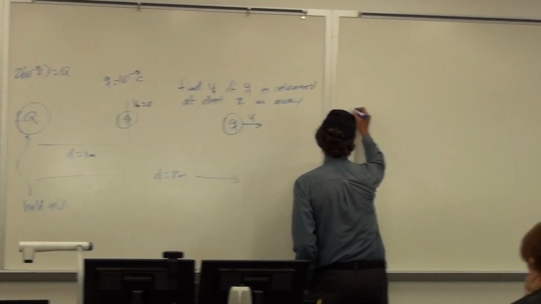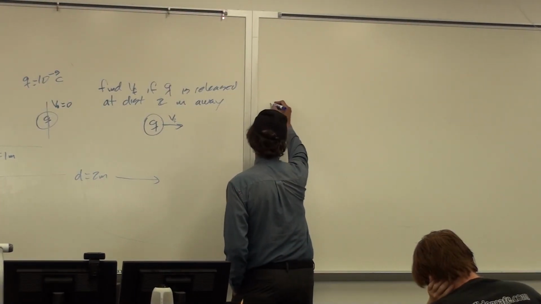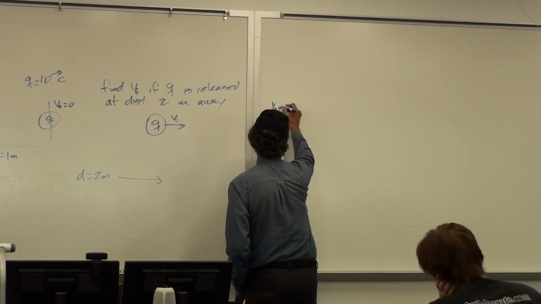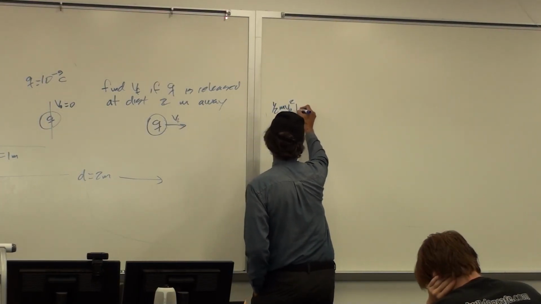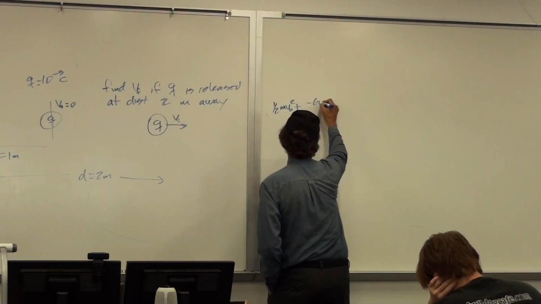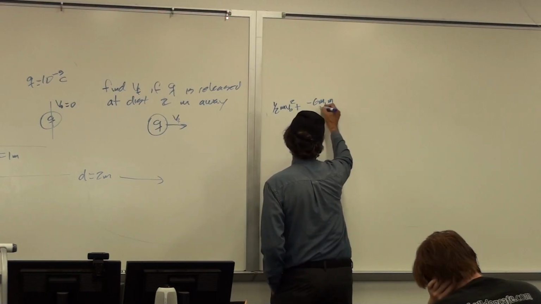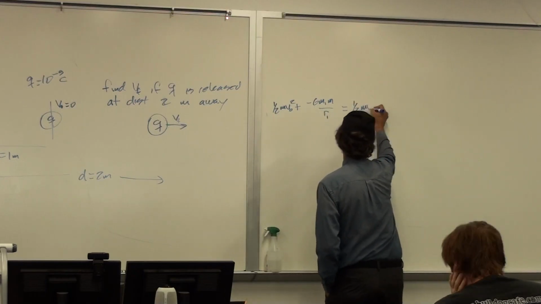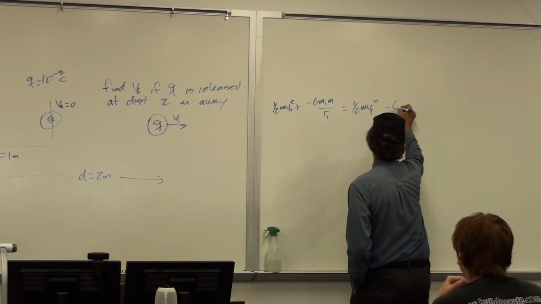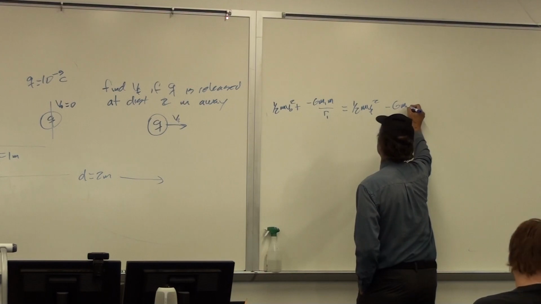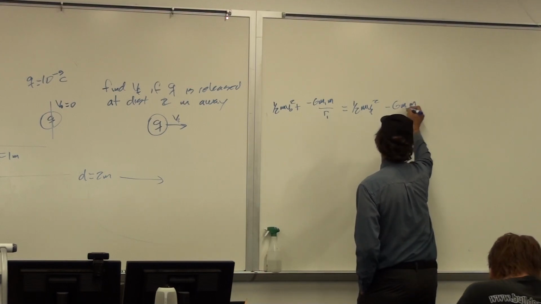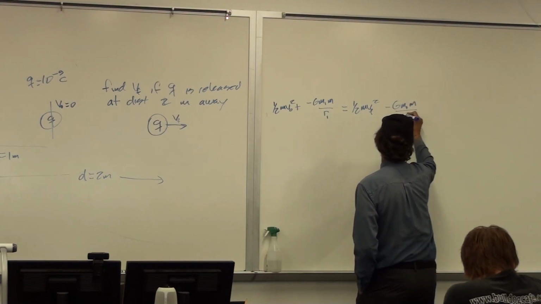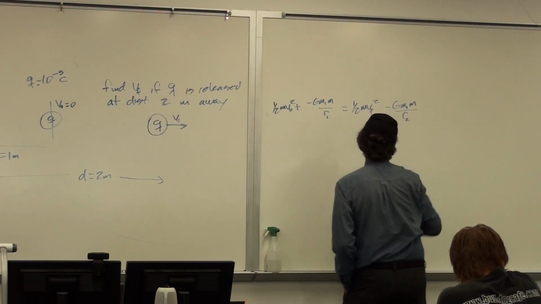You can say that, well, remember when we did this for masses, we had 1/2 mv initial squared plus, this was minus G m1 m over r1 equals 1/2 mv final squared minus G m1 m over r2.